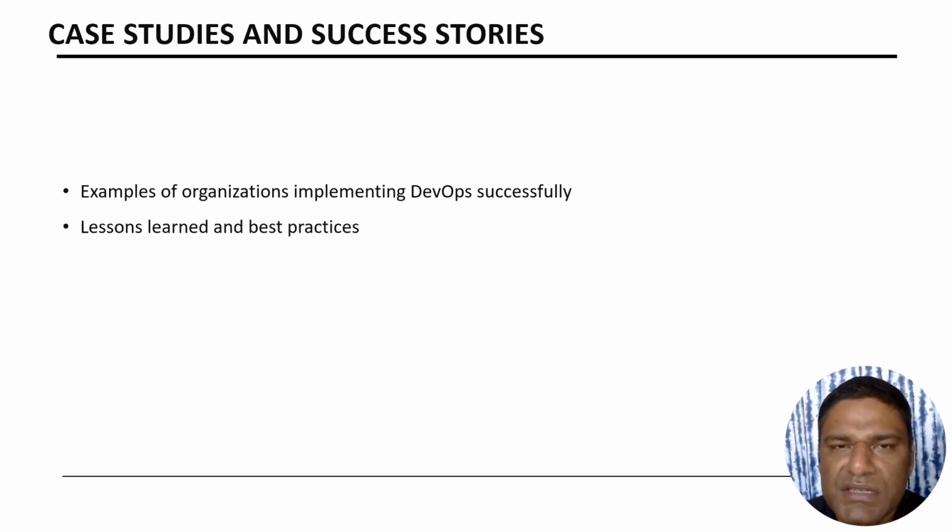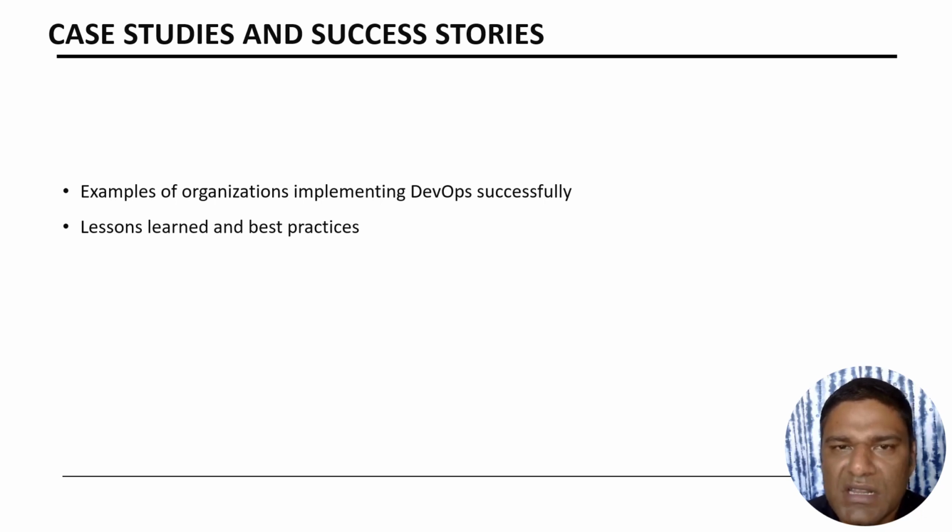So examining case studies and success stories of organizations that have successfully implemented DevOps can provide valuable insights and inspiration. These examples showcase how DevOps principles and practices have enabled organizations to accelerate delivery, improve quality, and increase customer satisfaction. By learning from the experience of others, teams can identify strategies and best practices that they can apply to their own DevOps journey.